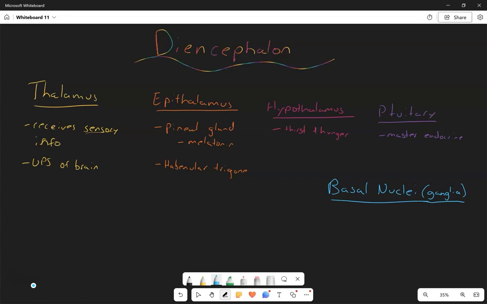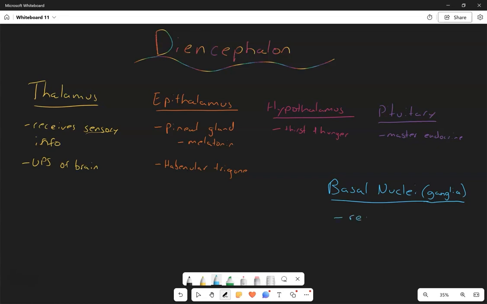So these basal nuclei are collections of cell bodies deep within the white matter of the cerebrum. You'll often see, when talking about the diencephalon, somebody call this the subthalamus, and that is a portion of the basal nuclei.